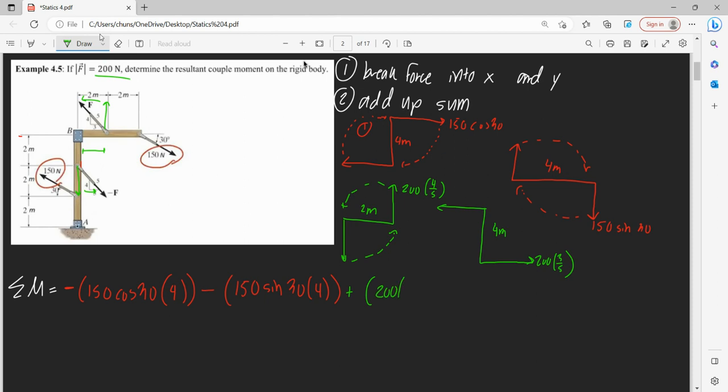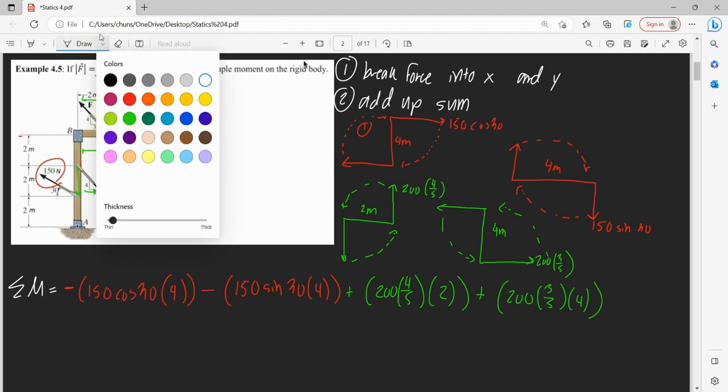So this is 200, 4 over 5 times our distance, 2. And this is also a counterclockwise rotation. So then that is positive 200, 3 over 5 times 4 is our separation distance.